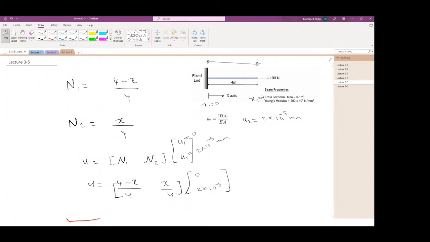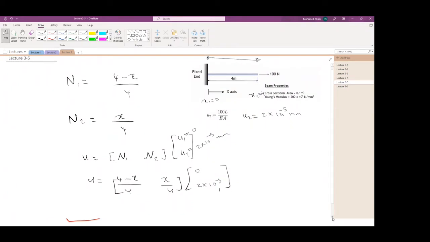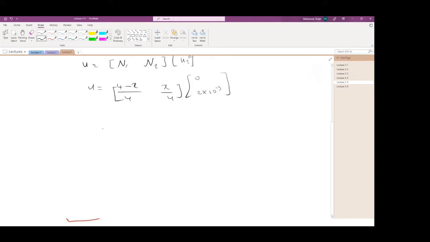And the displacement anywhere inside the domain is going to be U equal to 0 multiplied with (4 minus x) divided by 4, which is going to be 0. I'll be only left with this one multiplied with this one. So I have x over 4 multiplied by 2 times 10 to the power minus 5. And then I can cancel this with this.